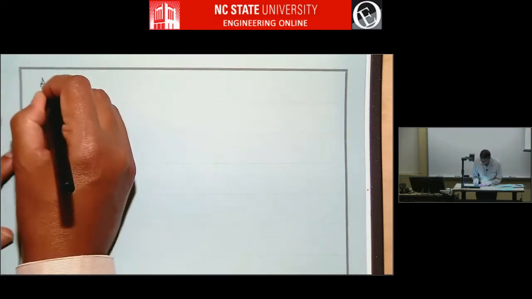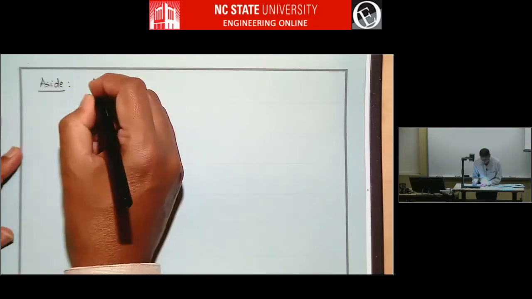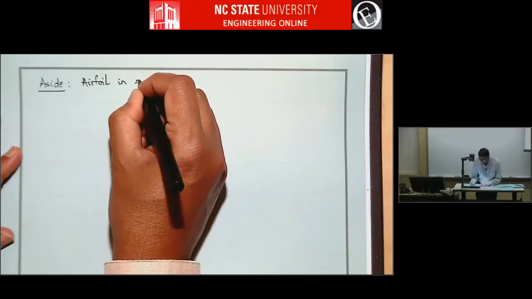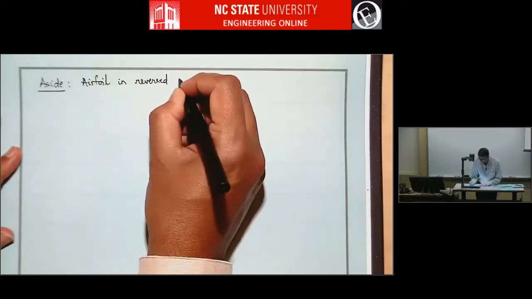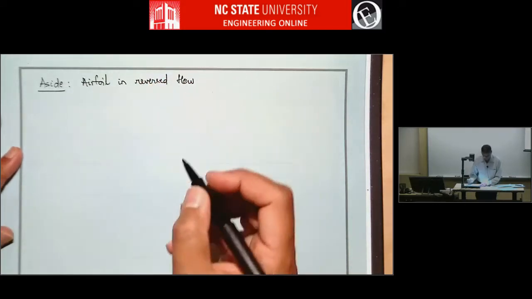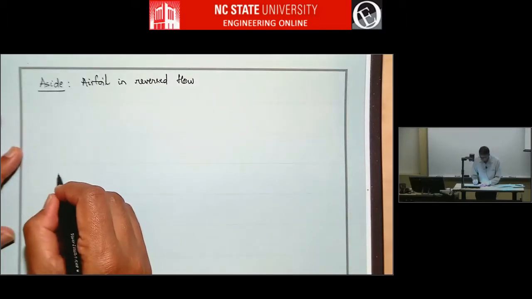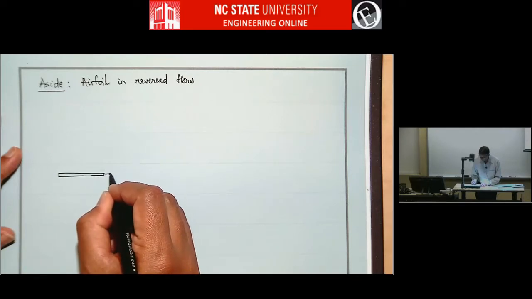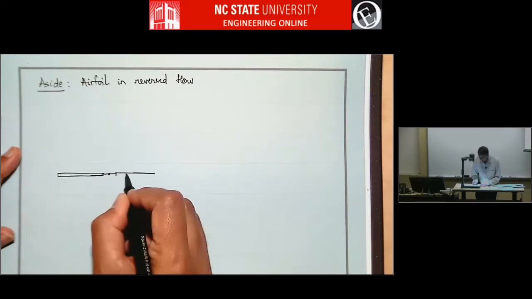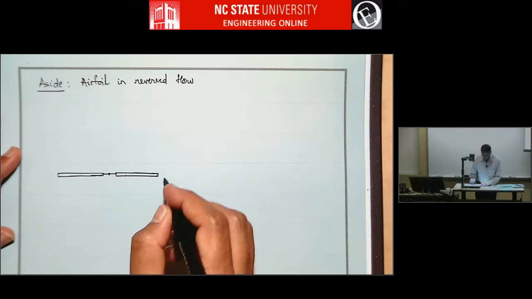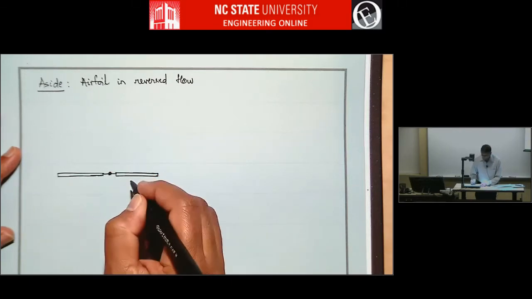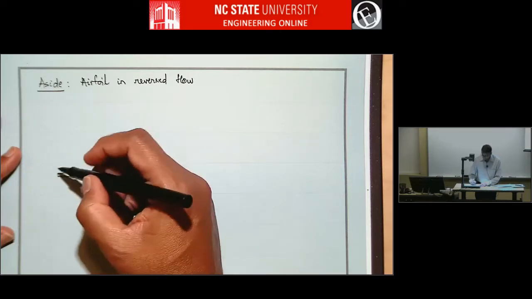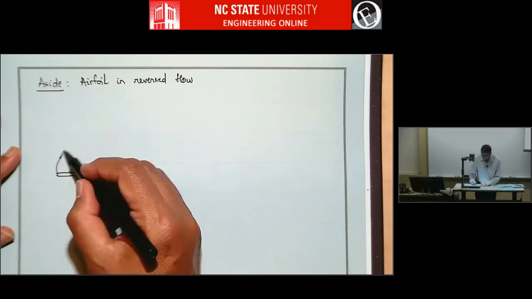Just as an aside, a helicopter rotor blade is, I'm going to show the plan form. So here's the blade, and let's say this is a helicopter in hover, and the blade is spinning like this, so the circle is going to be kind of like this.